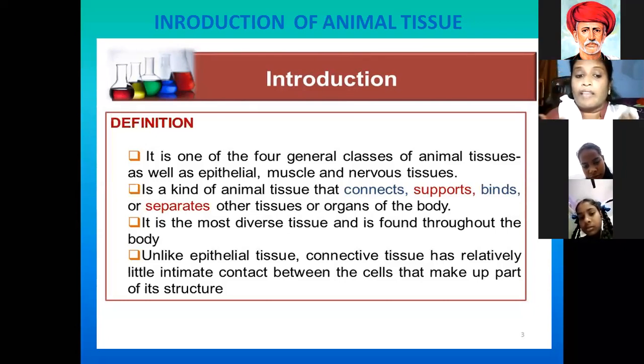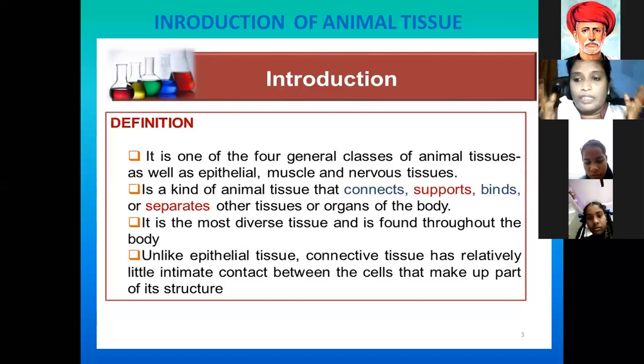The function of animal tissue is to connect, support, bind, and separate other tissues or organs of the body.